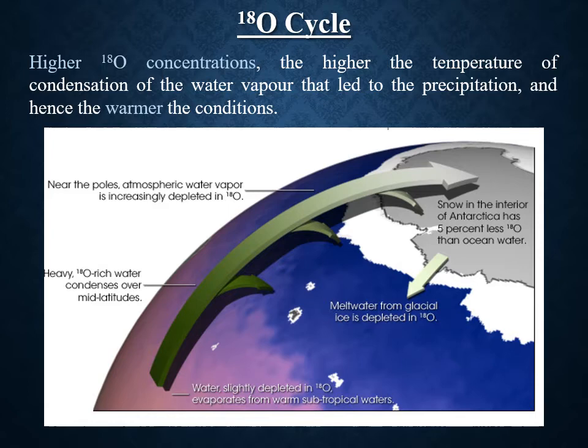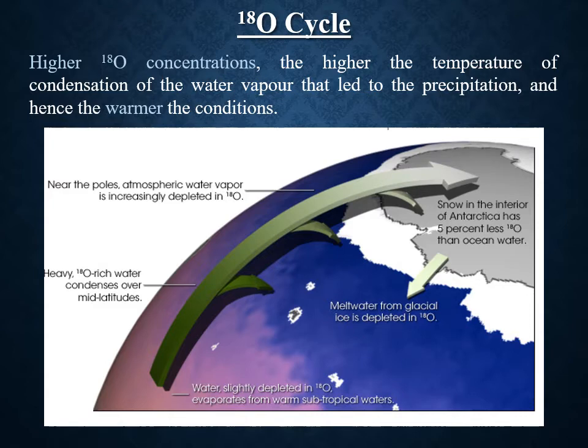Now, say for example, this is the present day state, there is a certain amount of evaporation and a certain amount of precipitation that occurs in different latitudinal conditions and also in the polar regions.